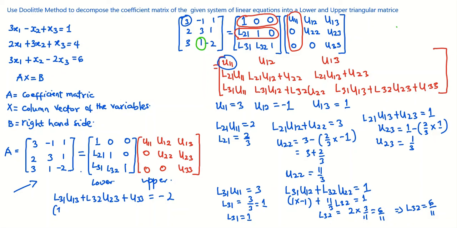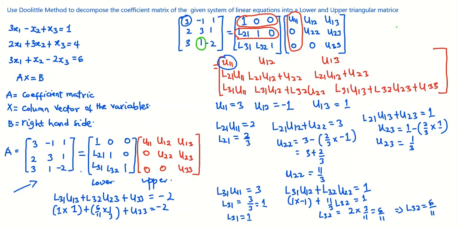So you're going to have L31 to be 1 multiplying U13. The value of U13 is 1, which is what I have here. So that's times 1, plus L32. We have L32 to be 6 on 11, multiplying U23, which we have down as 1 on 3. And then plus U33. So we are finding U33, and this will be equal to minus 2.